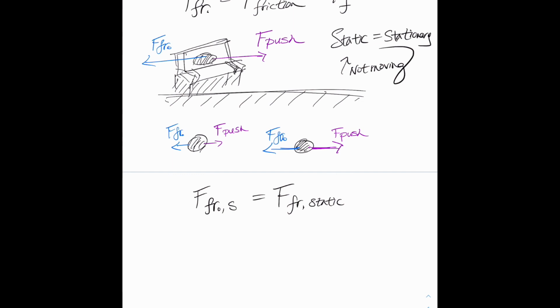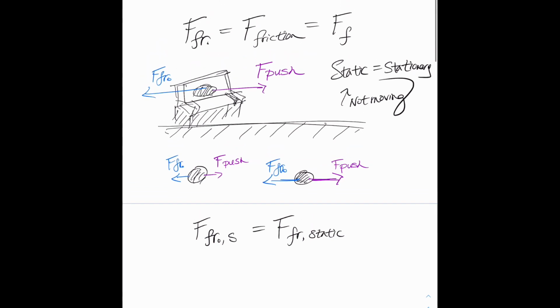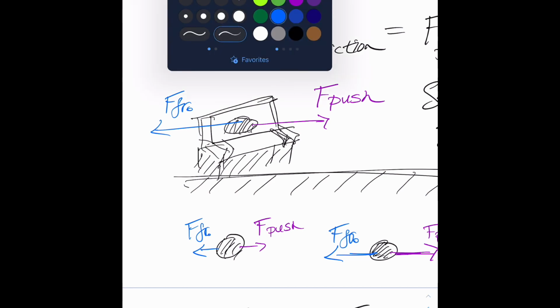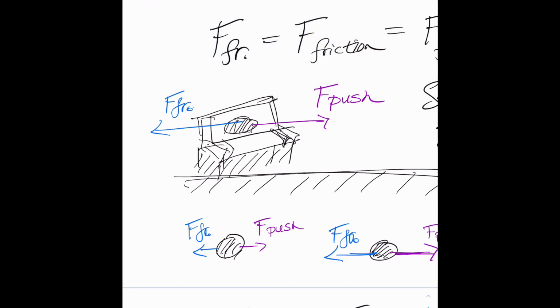We also know that if we push this couch, there's a point where the couch just begins to move. And this is where the force friction static hits a maximum. Maybe it's in, if we go back up here, maybe it's in this top drawing right here. That this is force friction static, right, at a maximum.